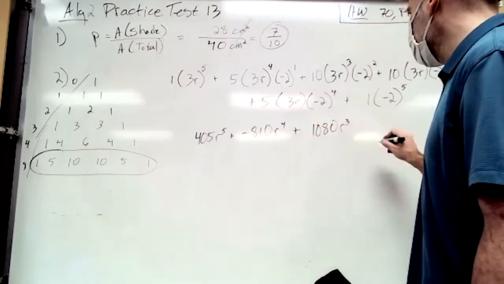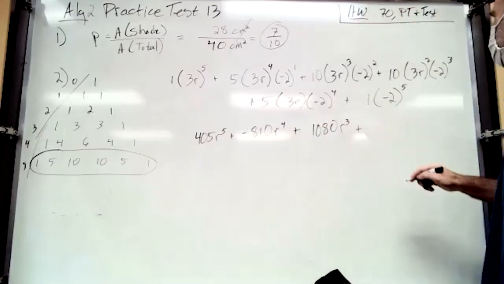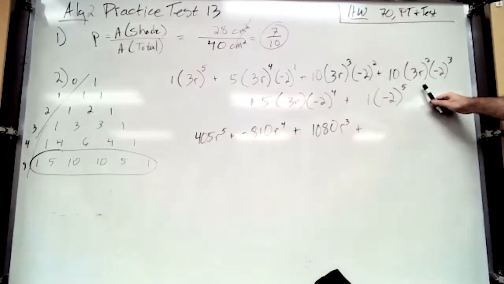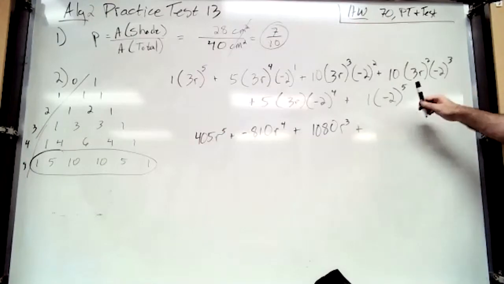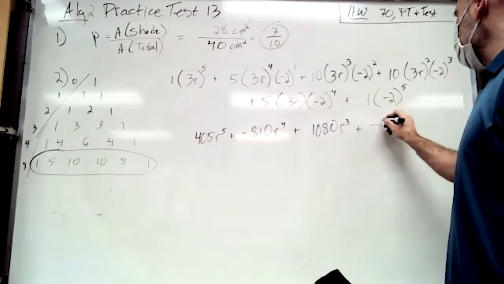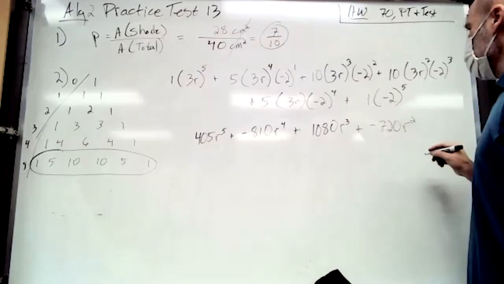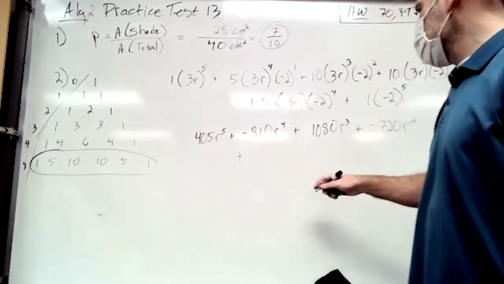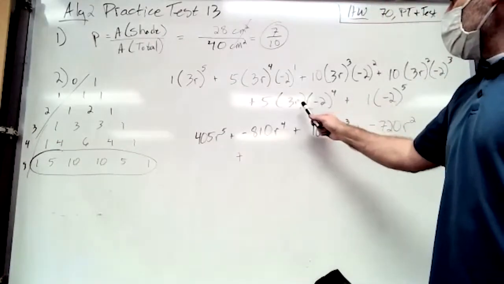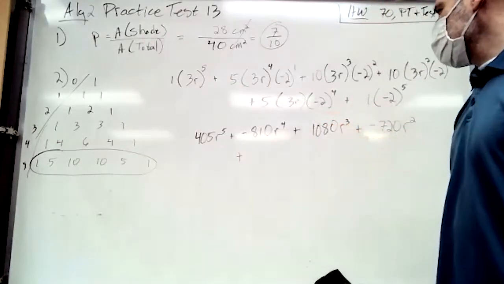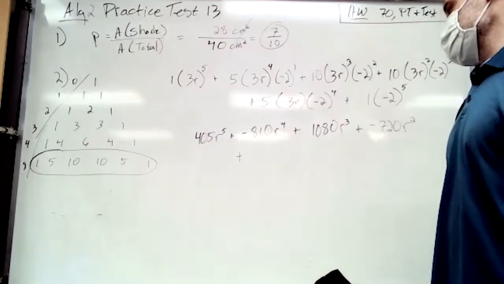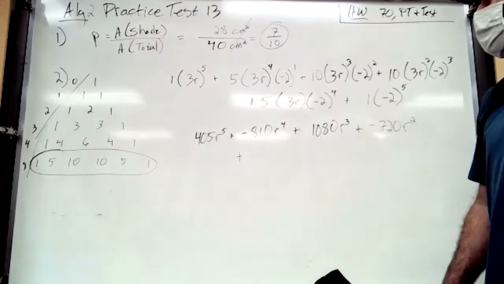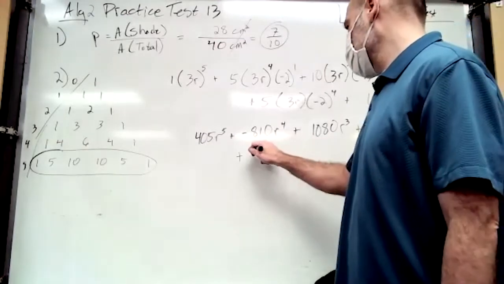R cubed plus, let's see, 9 times 8 is -72, times 10 is -720 r squared, plus 16 times 3 is 48, times 5 is... 190?